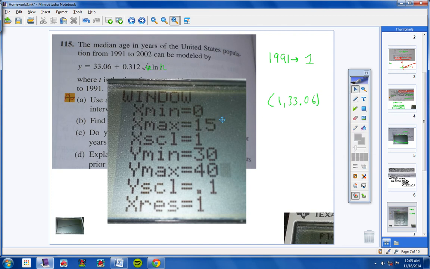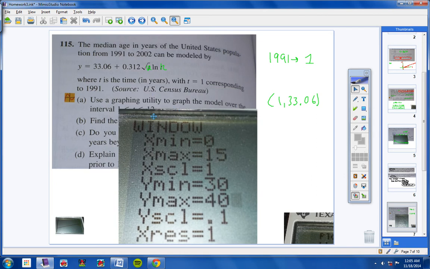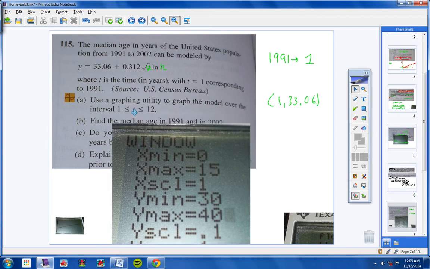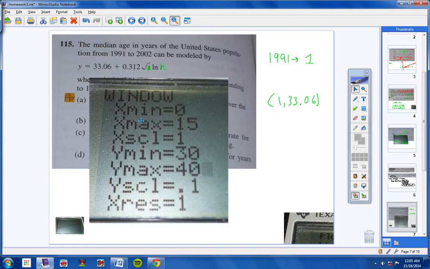Because remember, here's your domain right here. Your domain goes from 1 to 12. So I put a 12 in, and I got out 35.7. So I knew that my range had to run between 33 and 35.